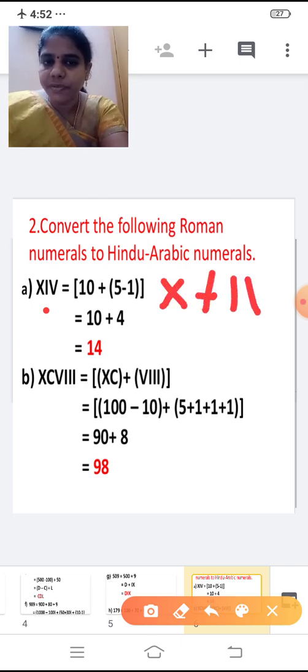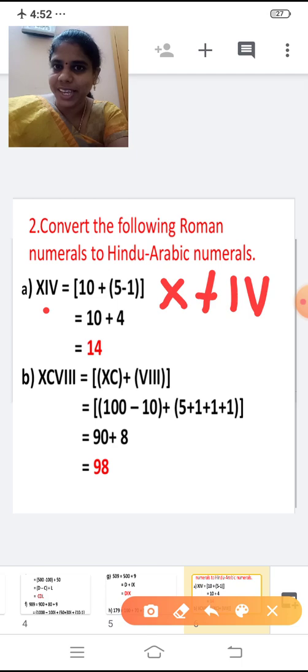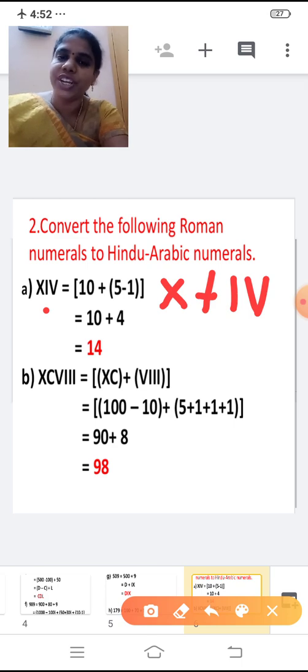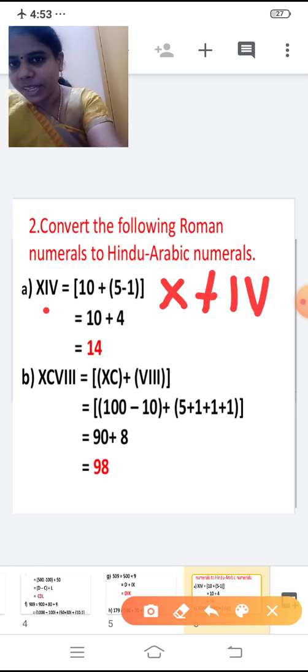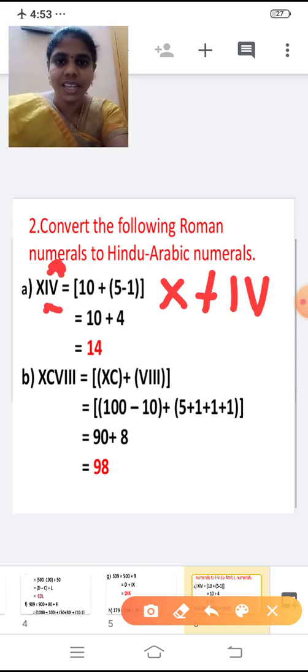X plus IV. You're going to subtract the smaller one from the bigger one which is placed after it. Which is placed after it? See, the bigger one is placed after it, right? So, you're going to subtract this IV. Yes?